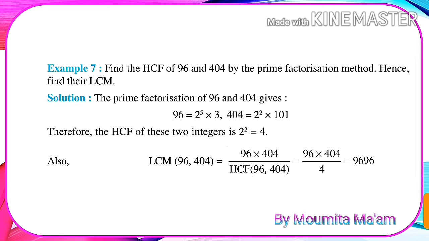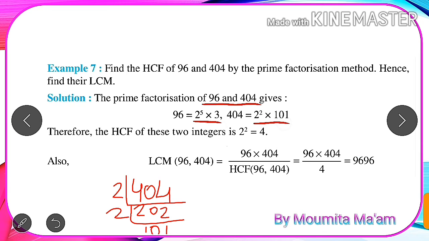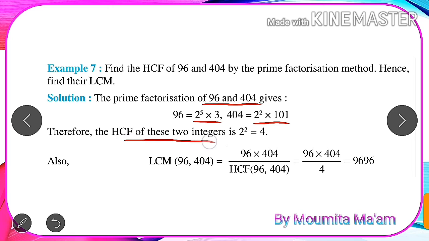So let's start. Solution. The prime factorization of 96 and 404 gives 96 equals 2 to the power 5 into 3, and 404 equals 2 to the power 2 into 101. Therefore, the HCF of these two integers, 96 and 404, is 2 to the power 2, that is 4.